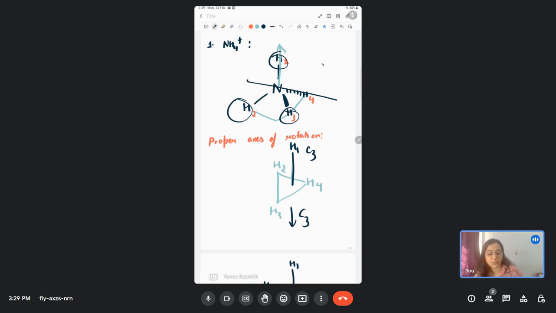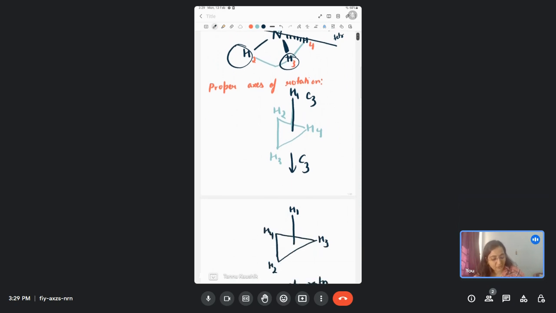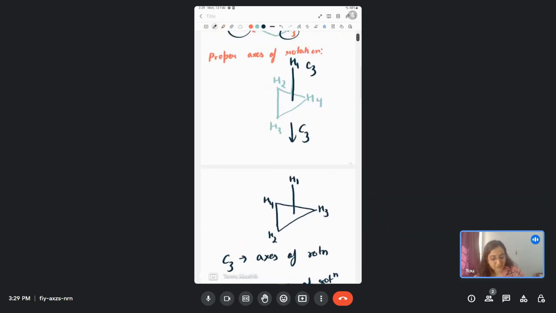Now we found the proper axis of rotation here. When we represent these protons, the second, third, and fourth proton are at not exactly 120 degrees. This molecule has a 109 degree 28 minute angle between them, which is present in tetrahedral molecules.